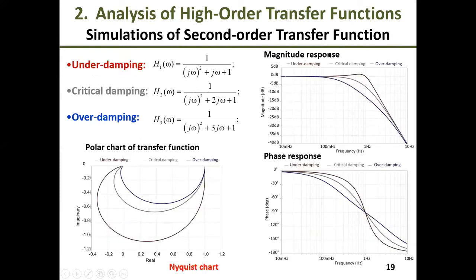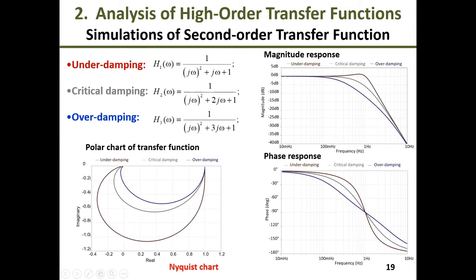Now let us show the Bode plots of the transfer function in 3 cases: underdamping, critical damping, and overdamping. And you can see that in case of underdamping, the magnitude of the transfer function is greater than 0 dB. It means that the harmonics around the cutoff frequency will be amplified.